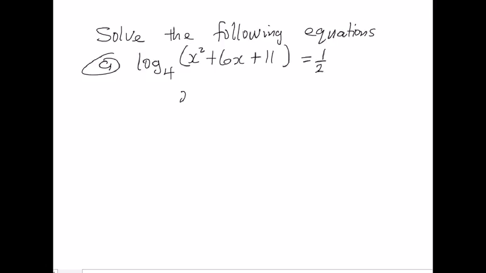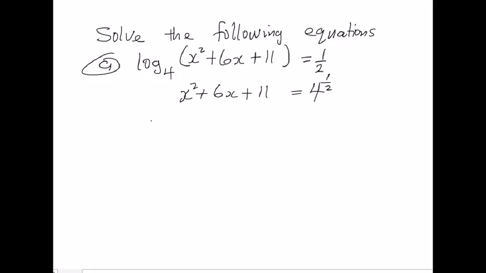So we can have x squared plus 6x plus 11 equals the base, that is 4, raised to power 1 over 2, that is the power.